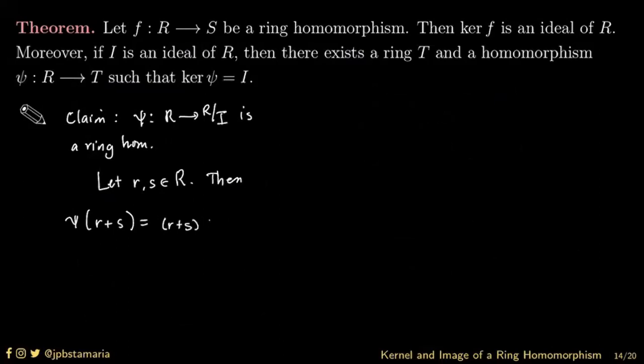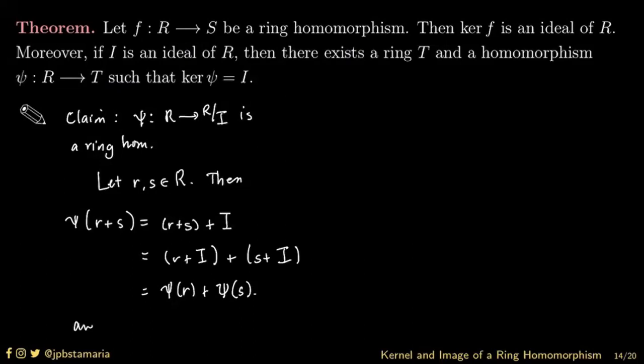Ina-associate natin dito yung coset ng I that contains R plus S. If you can remember, by definition, ito yung coset sum ng R plus I tsaka nung S plus I, which is technically psi of r plus psi of s. So therefore, psi is addition preserving.